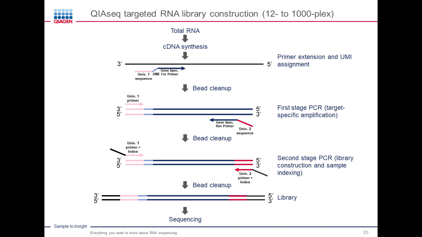This is a target-specific amplification with a gene-specific reverse primer, and this also contains a universal sequence. Following a bead cleanup, you then perform a second stage PCR, which enables you to perform library amplification as well as sample index assignment. And this is performed using primers that target universal regions added during the 2-stage target-specific amplification reaction.